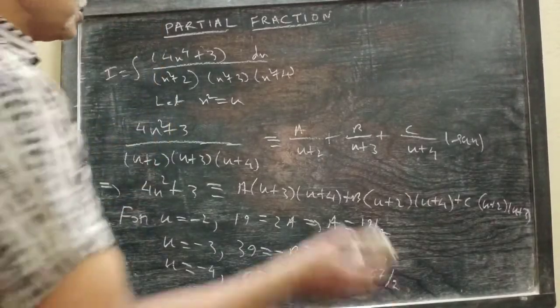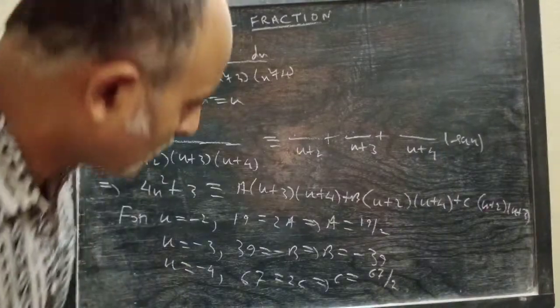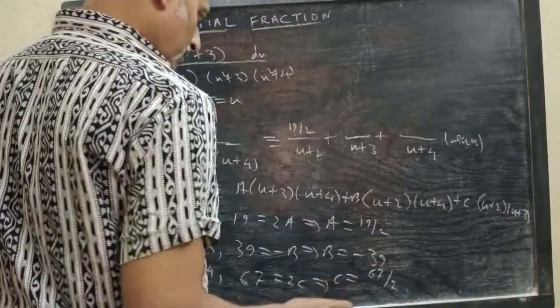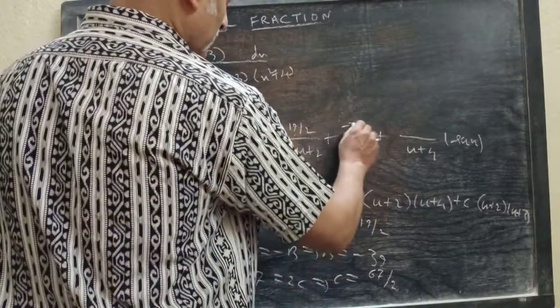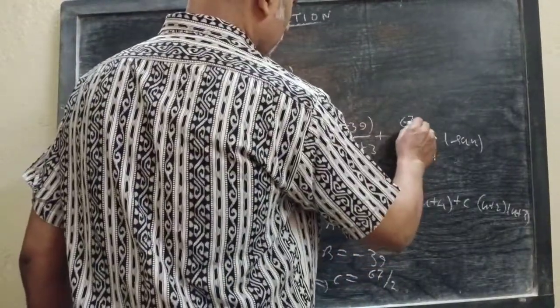So let us substitute the values here. A is 19 by 2, b is minus 39 and c is 67 by 2.